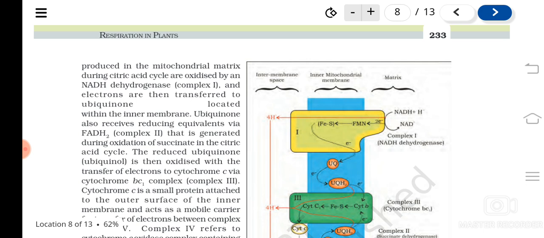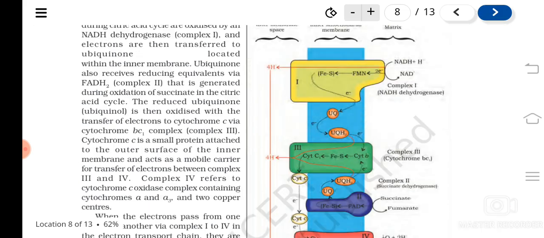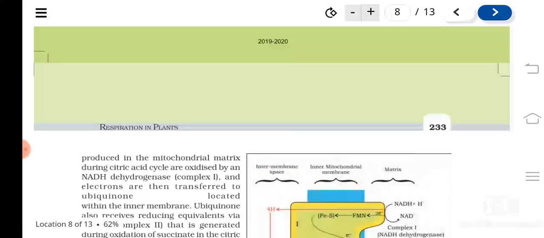So in the inner membrane only you can see the complexes arranged, and through these complexes only the electron passes during the ETS. So here you can see this is the matrix, and this is the inner membrane space. Is it clear? So through these complexes.